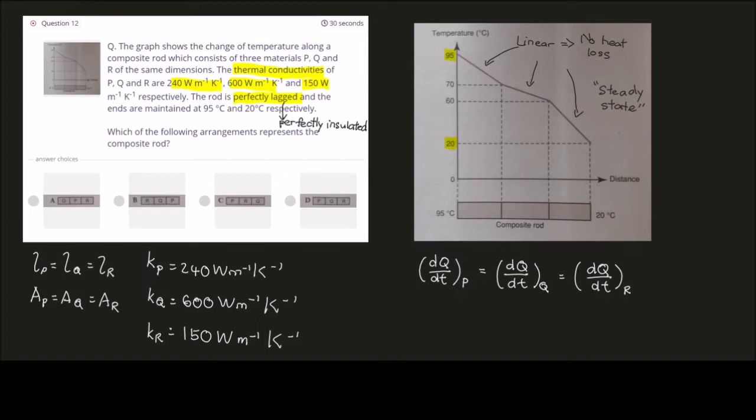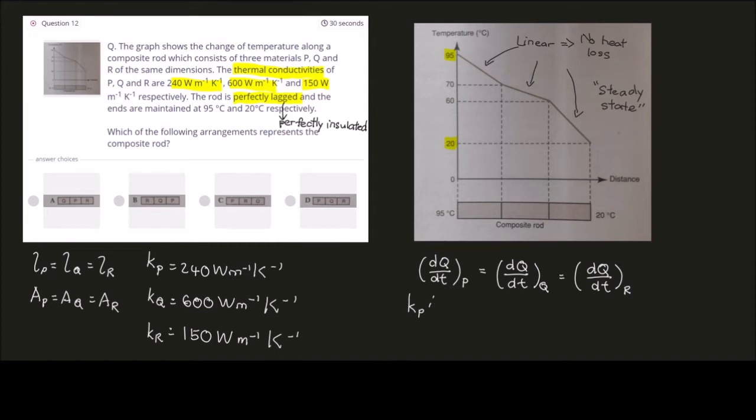We all know the negative sign is there, we can just remove it. So it will be thermal conductivity of P times, okay, you know there's length, you know there's cross-sectional area, but they are all the same. So you can just get rid of it straight away. There's A here, there's a length here, but you can just remove it because they are all the same for P, Q, and R.